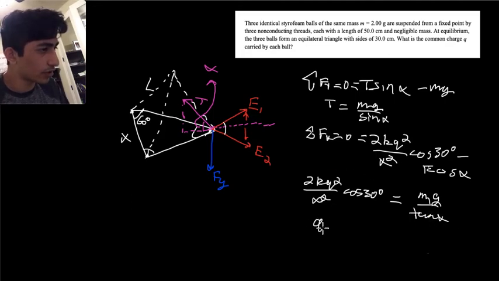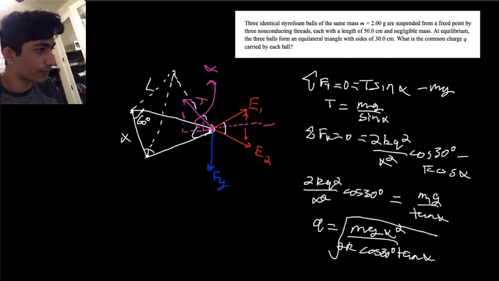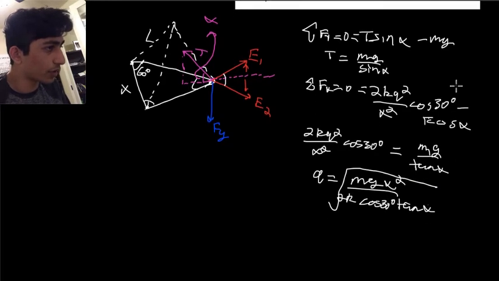And then Q is simply equal to mgx squared all over 2k cosine 30 degrees tangent of alpha, all square rooted. Now we're solving for Q, and we know all of these quantities except the tangent of alpha.